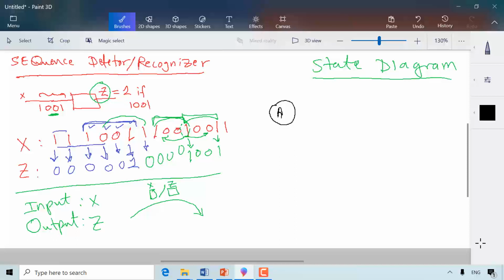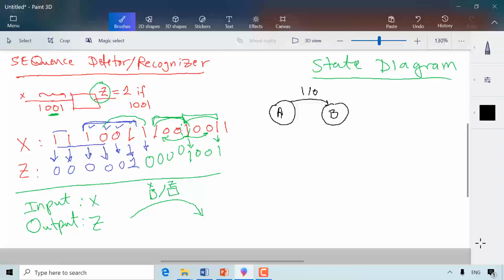I want to move to another state. I'm going to call this state B if I receive a 1, which means X equals 1. Okay, and the output stays 0.